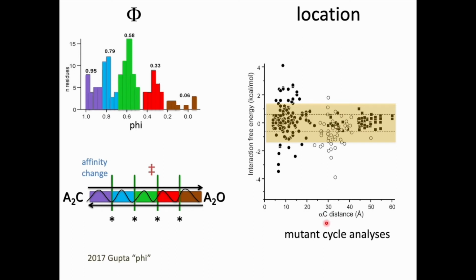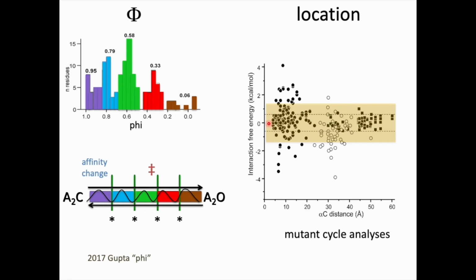And we're also using GluCl as a template structure to measure distance, because at that time we did these experiments, the skeletal muscle nicotinic receptor structure was not known. So you can see from this plot that mostly there is very little interaction energy. I think that's 1 kT.